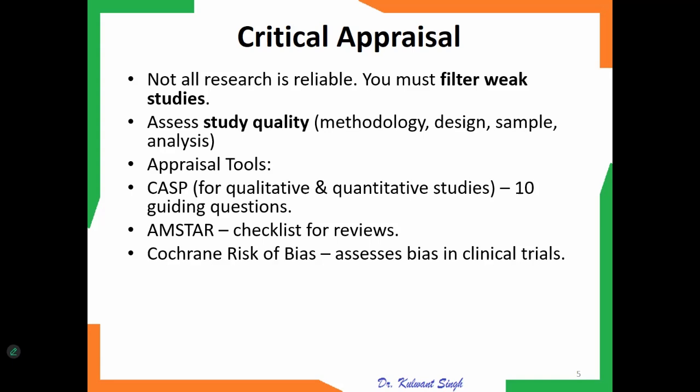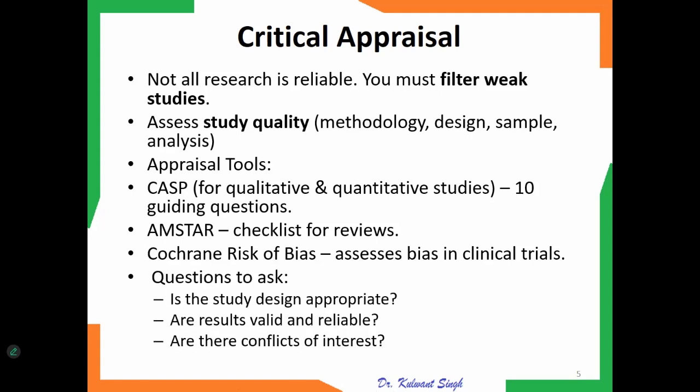Then next is ROB, for any experimental study. Accordingly, we design our questions. Any bias we detect, yes or no: performance bias, selection bias, because generally there may be a risk of bias. So we will check the quality of the paper on the basis of the biases in the experimental study that we have in hand. Questions may be like this: is the study design appropriate?